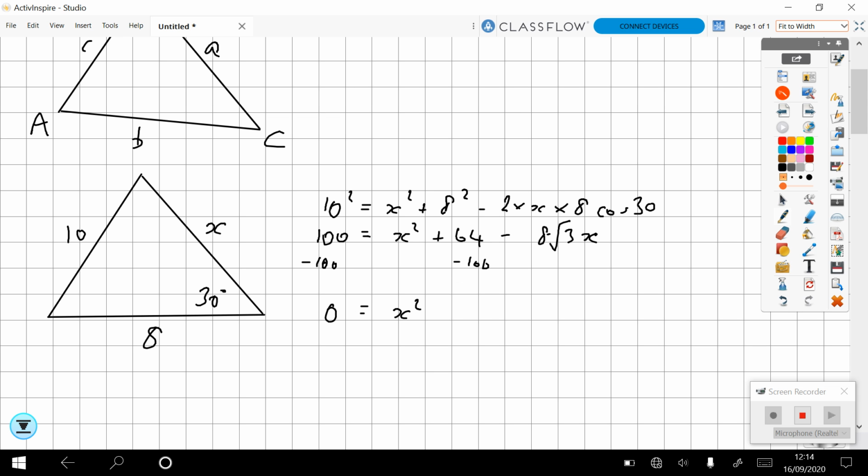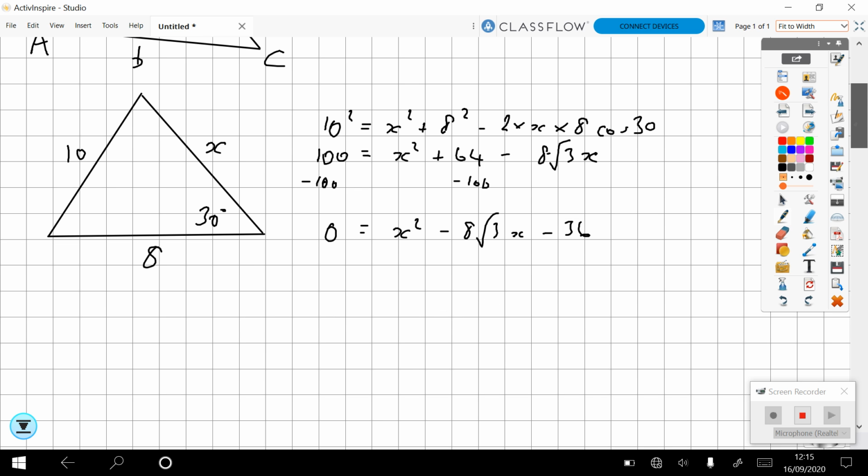x squared minus 8 root 3 x minus 36. That's not very nice. Doesn't look like it's going to factorise, so we're going to reach for the quadratic formula.